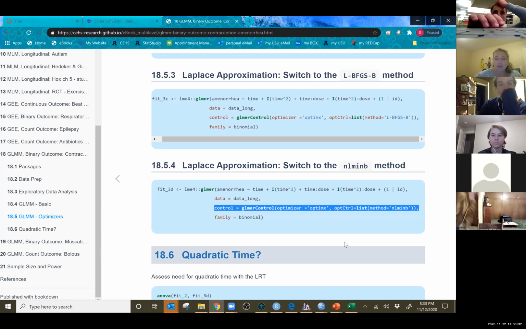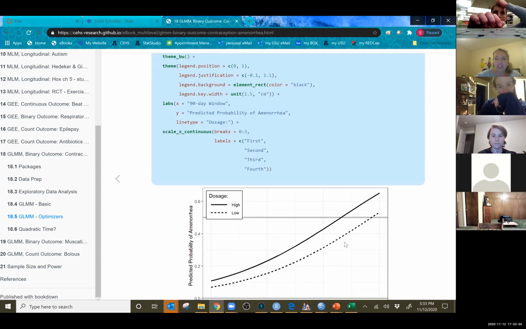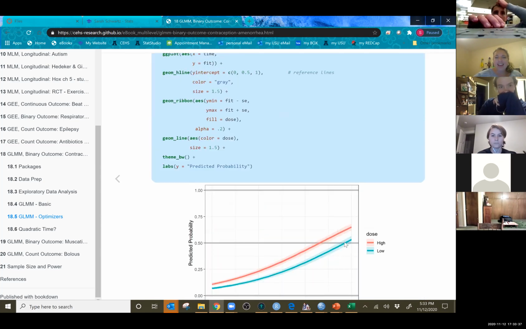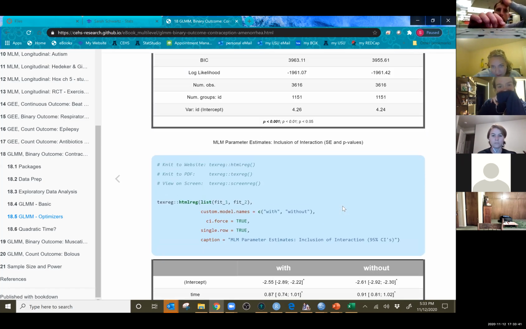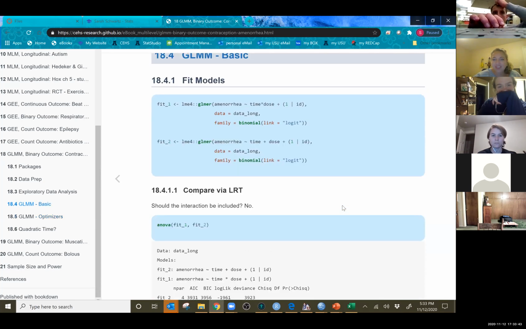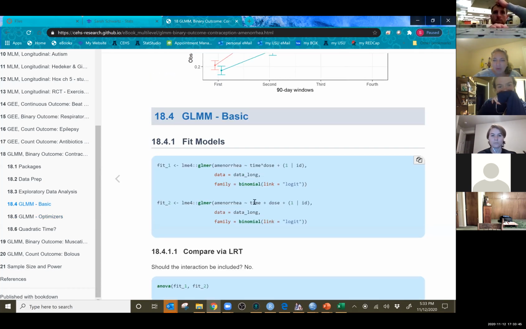Now, one thing, we're looking at change over time here. If we put time into our model, where was our model? That model? When we put time in the model, this is linear time, linear in the logit scale.